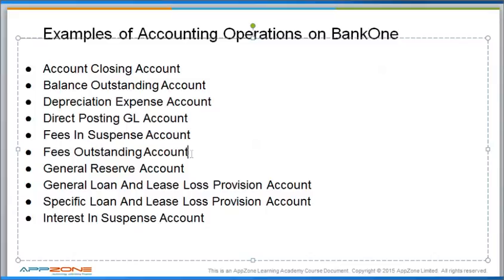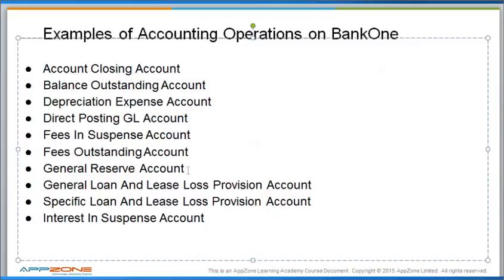This shows that the bank still has some monies to collect from its customers. So once these monies are collected, then the system will automatically debit the customer for that fee and credit this fee outstanding account, and the value will cancel out.